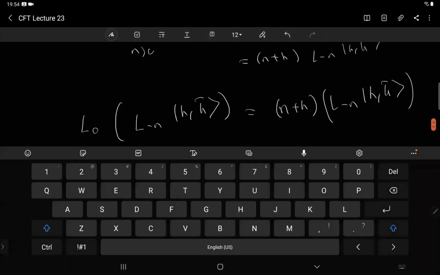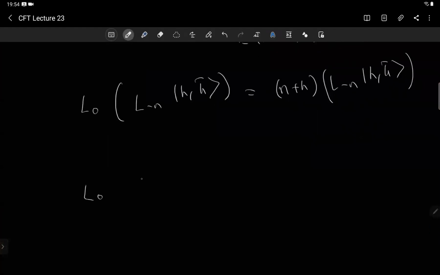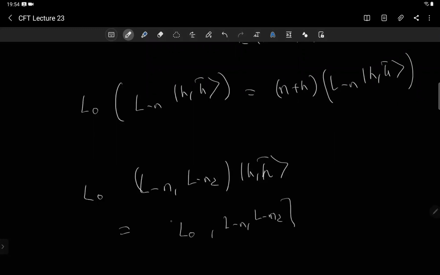In fact, if you take L0 and L minus n1 L minus n2 acting on HH bar, what will this be? This will be the commutator of L0 with L minus n1 L minus n2 acting on HH bar, plus L minus n1 L minus n2 L0 acting on HH bar.